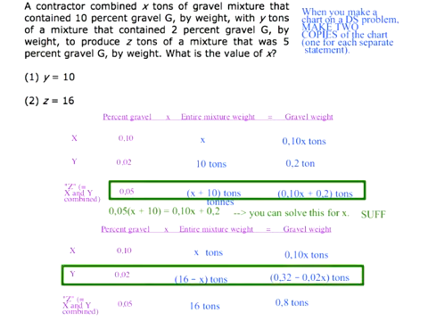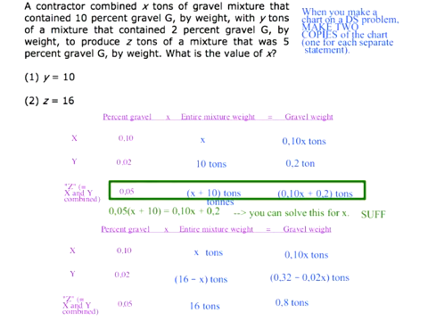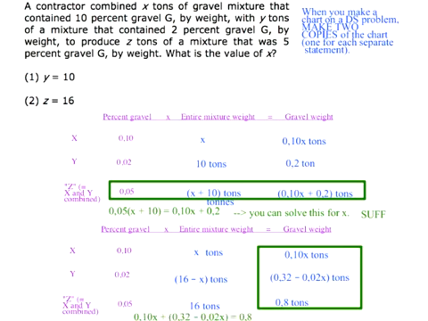Sorry, that's what we used to make that entry. But now we can look at this column. We haven't used that yet. So 0.10x plus that other thing has to equal 0.8. And we can solve this. So that's sufficient. So this is also D like dog.